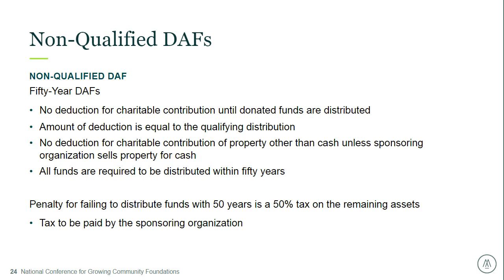But if there was some other non-cash donation that may not be quite as easily converted to cash, you have to wait for that event to happen in order to get the deduction, and then there has to be a distribution. All funds in these 50-year DAFs must be distributed within 50 years. And the penalty for failure to distribute is also 50% of the remaining assets in the DAF. And we also feel like this will likely be a tax that the sponsoring organization would be paying.